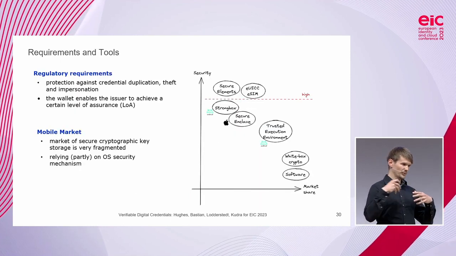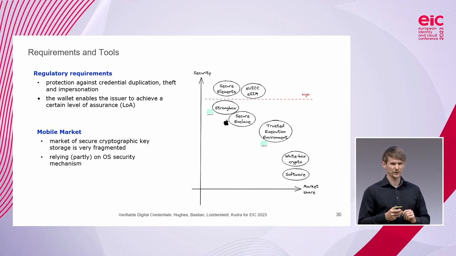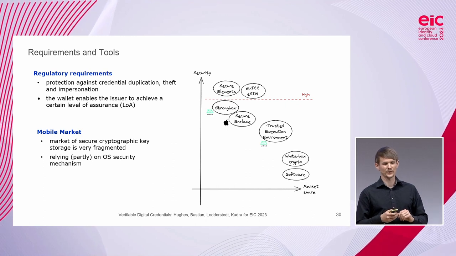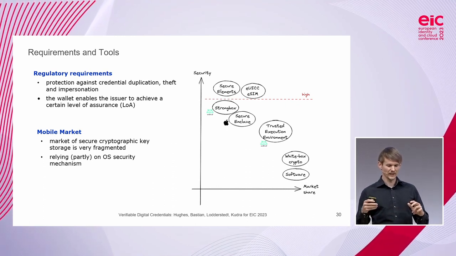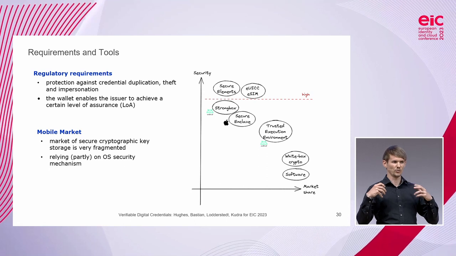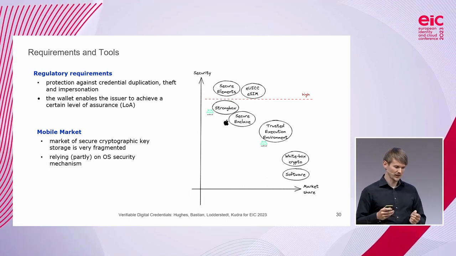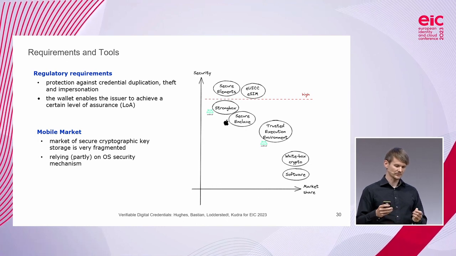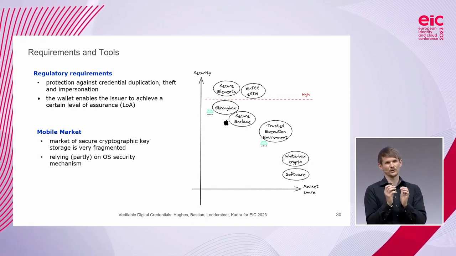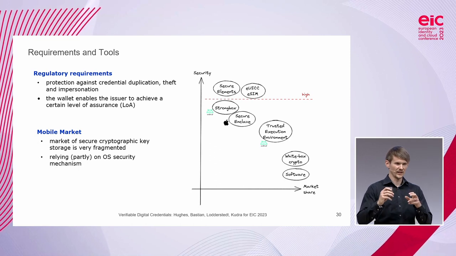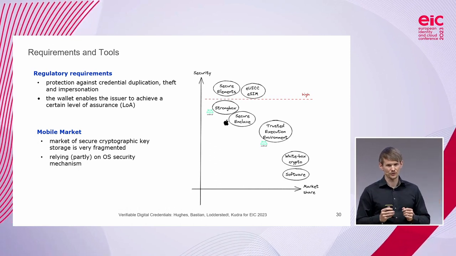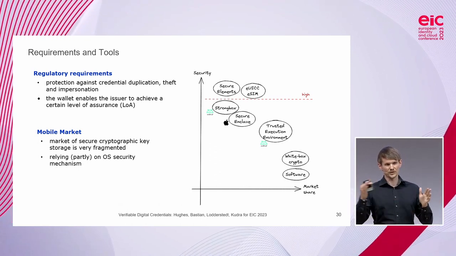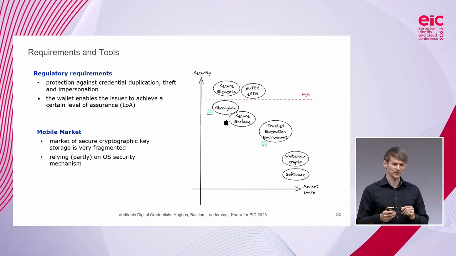So if we're in this type 1 configuration and we focus more on regulated use cases, we need more wallet security. And we need to apply the regulatory requirements. And the wallet is only just one part of this. To achieve a certain level of assurance, there's a whole bunch of requirements that we need to address.